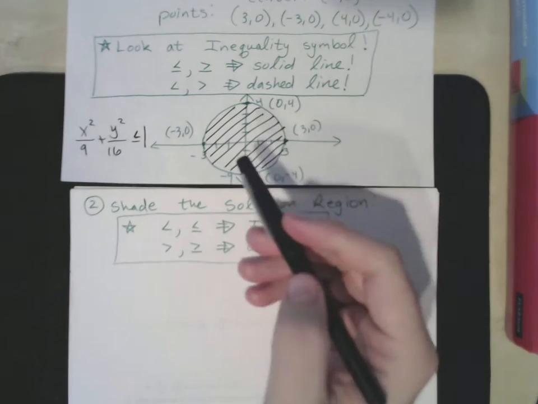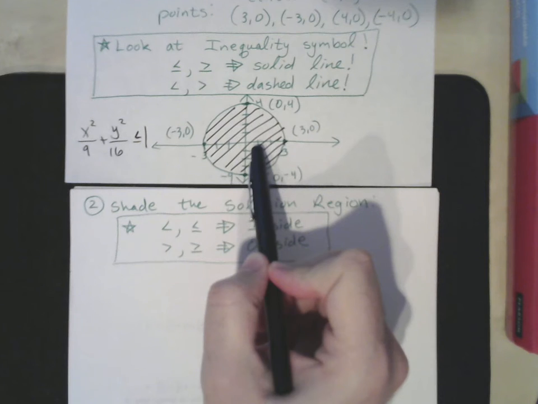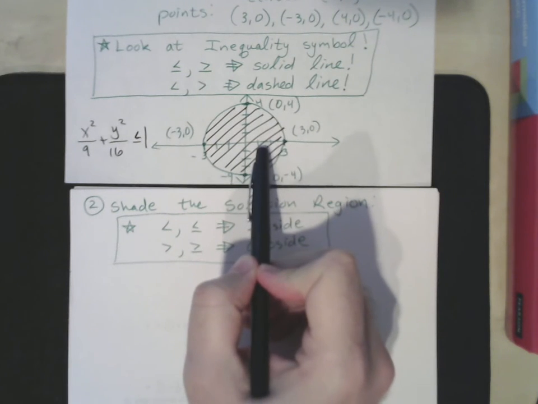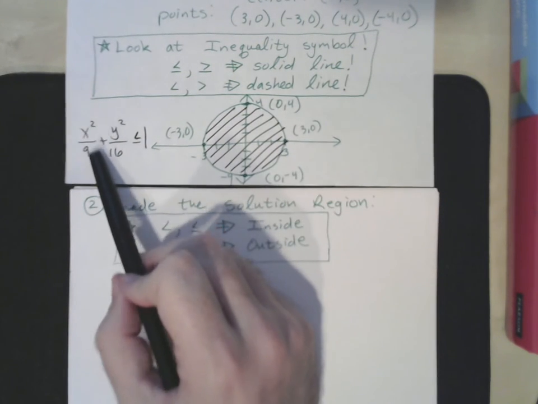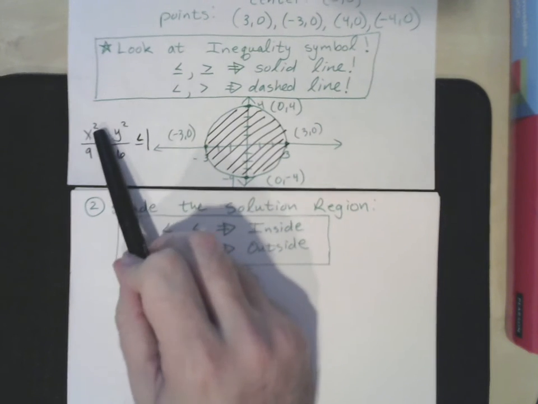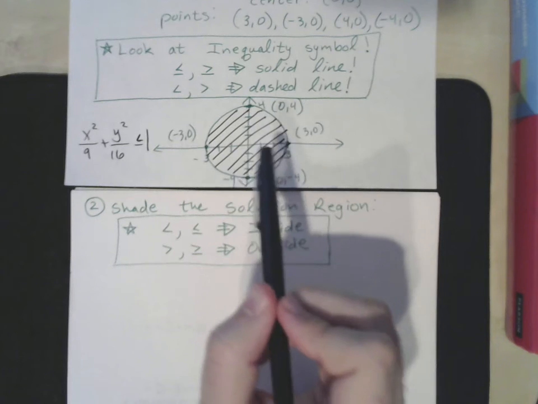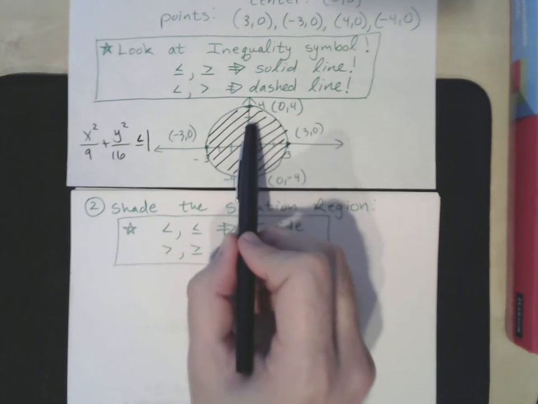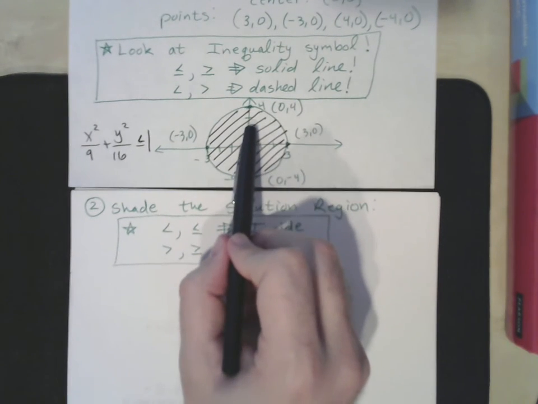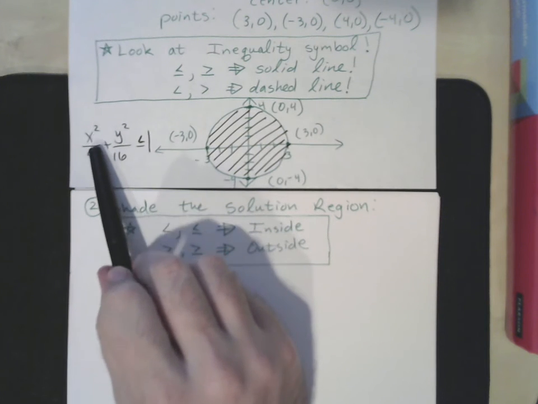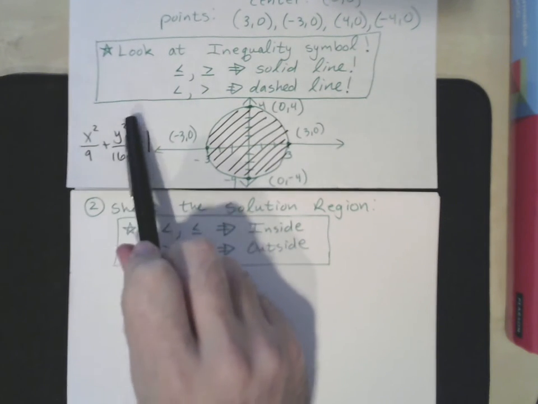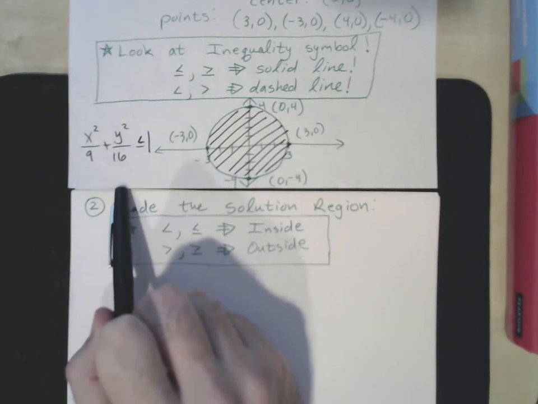And you can pick one. Let's pick an easy one. Let's do 1, 0. Well, 1, 0 makes this 1 over 9 plus 0, and is 1/9 less than or equal to 1? Yeah. Let's pick something like 0, 2. So that makes this x term go to 0. Y becomes 4 over 16. 4 over 16 is less than 1.